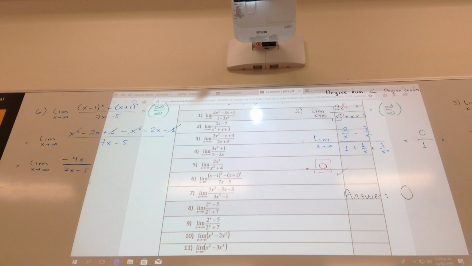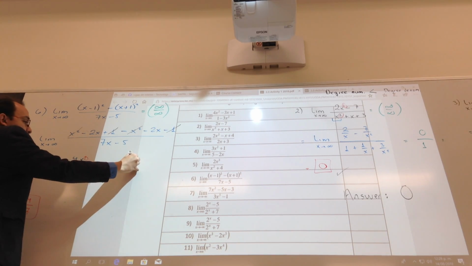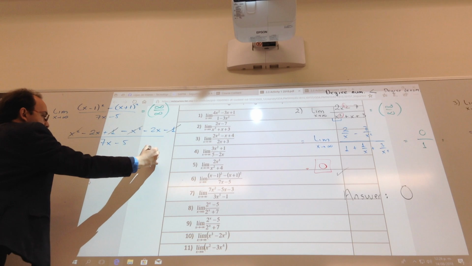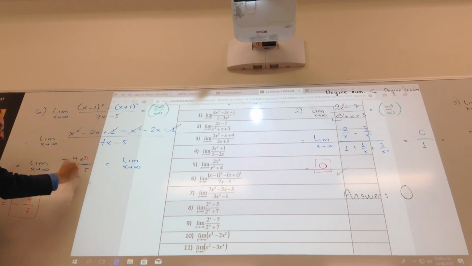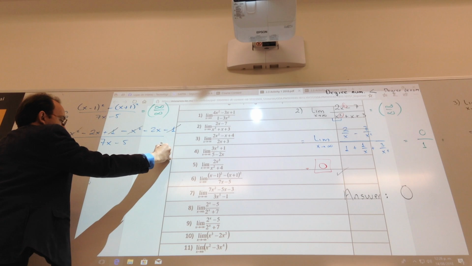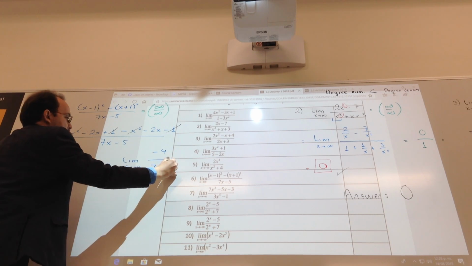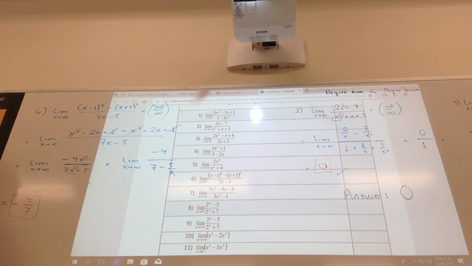If I were to just do this, the simple procedure, the answer should be at the end minus 4 over 7, right? Why? Because of the degrees. But if I do the full procedure that you need to, limit as x approaches infinity, divided by x, minus 4 over 7 minus 5 over x, and then the minus 5 over x is 0.